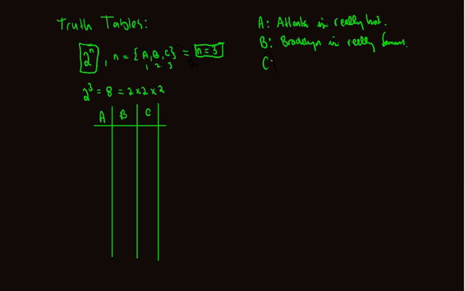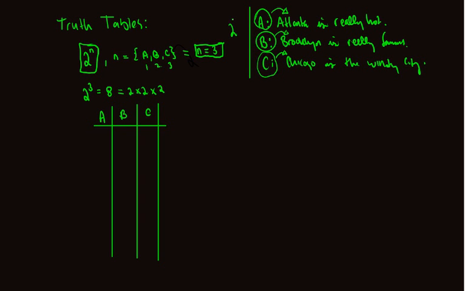And then C, we'll say Chicago is the windy city. So that's what our letters of the alphabet represent. They represent these sentences, right? So we have 3 of them.